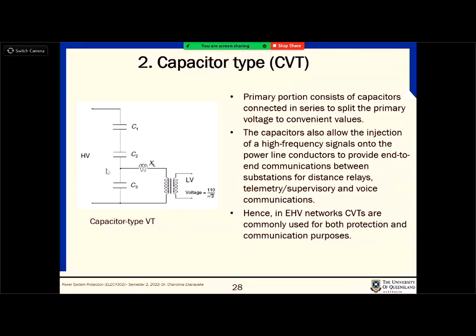The other thing is this one, the capacitive type CVTs. To reduce the VT size and the cost both, you introduce this technique. What we do is, you can see that this part is called the capacitive divider.